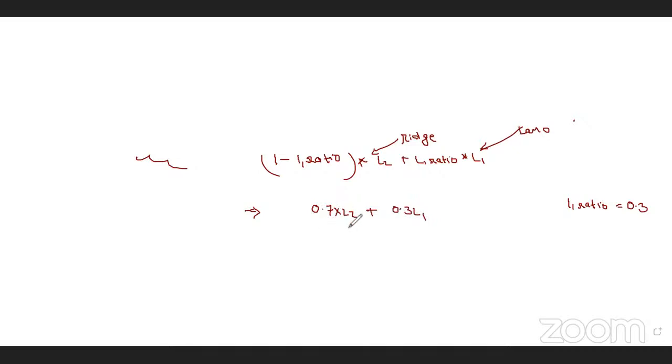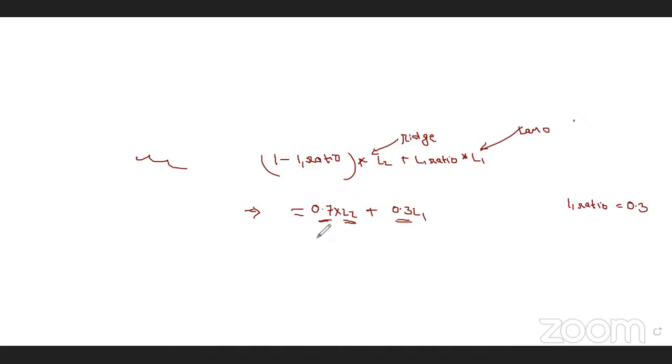Whatever value you get from ridge, you multiply with 0.7, and whatever value you get from lasso regression, you multiply with 0.3. So you are giving 0.3 weightage to lasso and 0.7 weightage to ridge. All the coefficients will be multiplied with these factors.